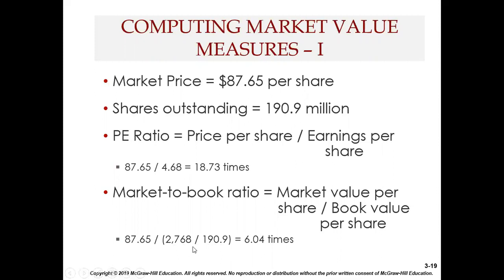So we have $27.68 in book value divided by 190.9 shares. So when you do that, the book value per share of stock would be $14.50. In the market, it's $87.65. Divide that by $14.50. So the market is 6.04 times the book value.